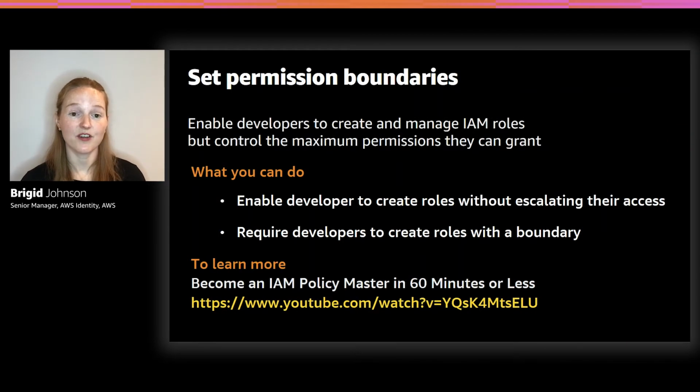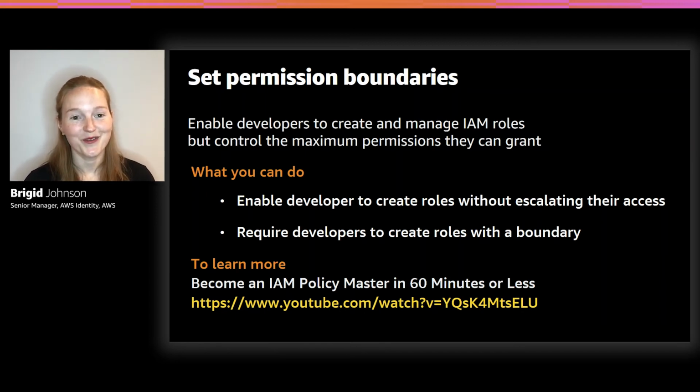So we just covered SCPs, and those are guardrails across all of your accounts within the organization. Now, when you drop into the account, you may want to use permission boundaries. Permission boundaries are very powerful, and you want to enable developers to create and manage IAM roles, but control the maximum permission that they have.